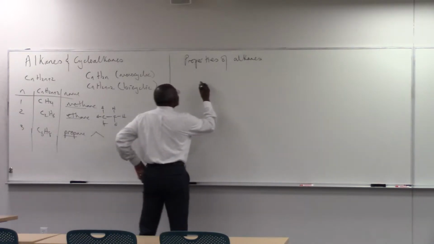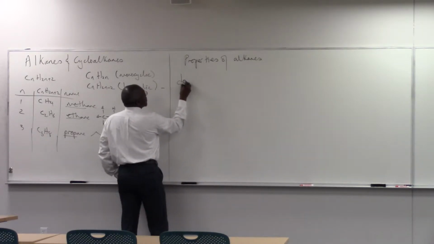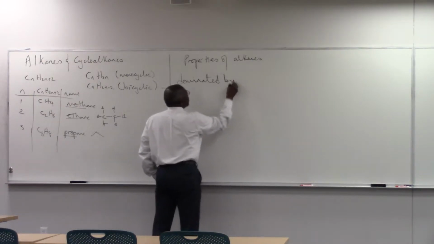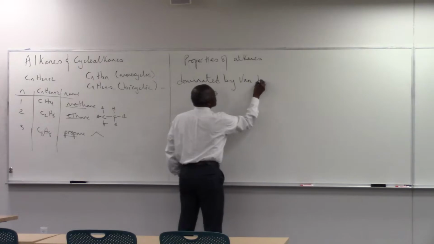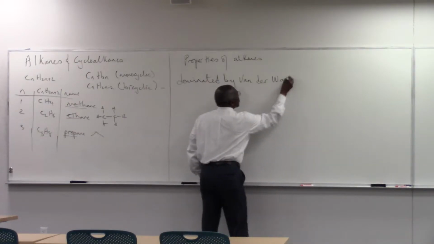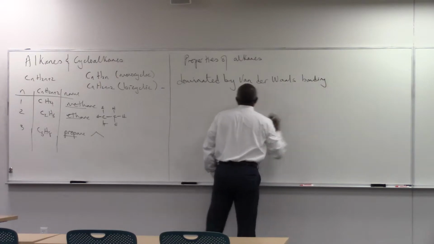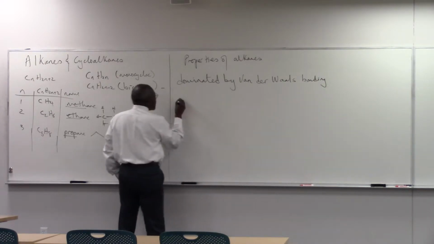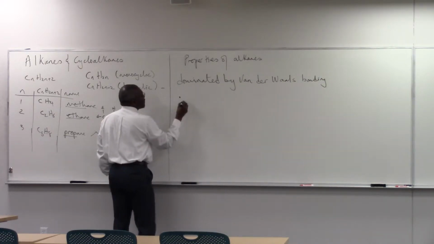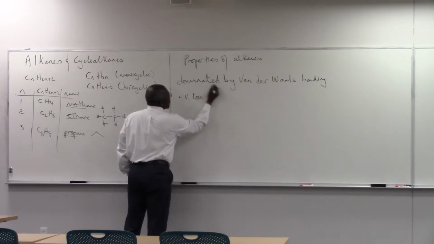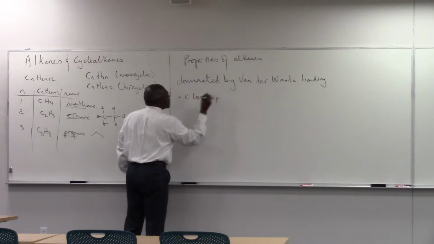So alkanes' properties are dominated by van der Waals bonding. So what does that mean? It means that alkanes are going to have very low melting points.